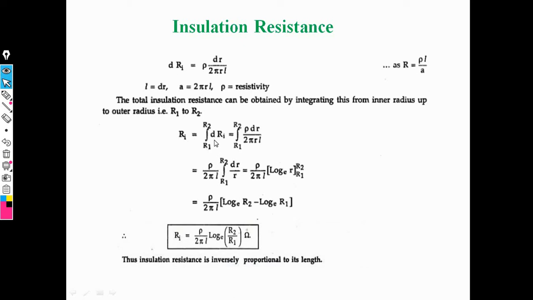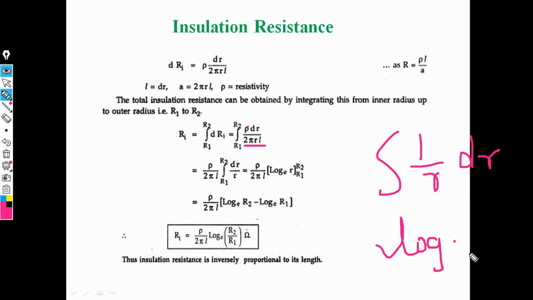The rate of insulation resistance, dR, is rho into dr upon 2 pi r L. In this equation, the constant parameters are taken outside, that is rho upon 2 pi L. Then we integrate 1 upon r dr from R1 to R2, which gives log r.